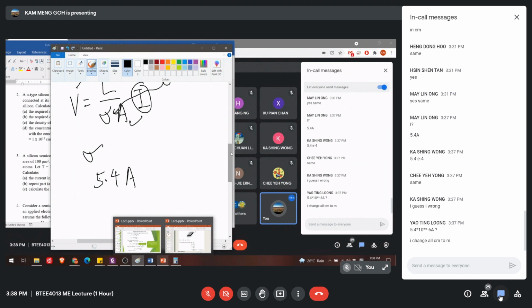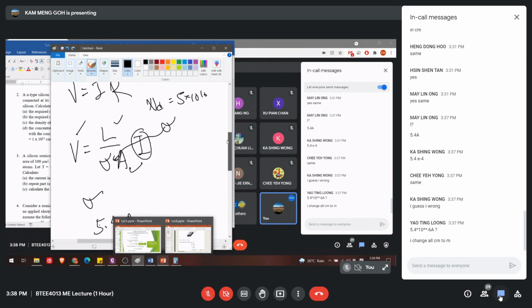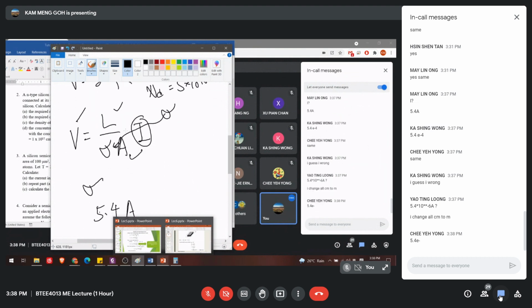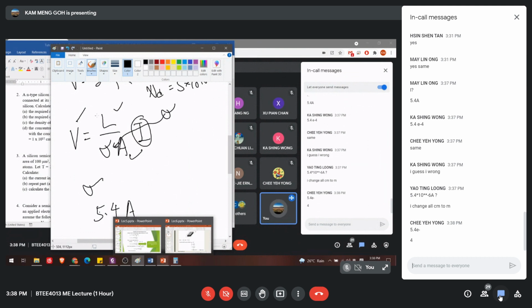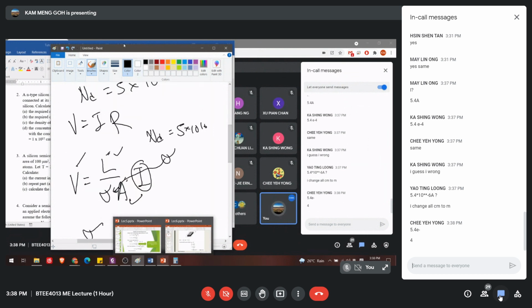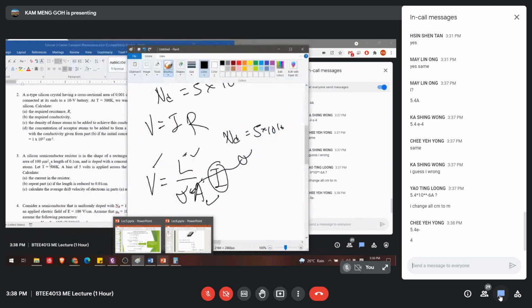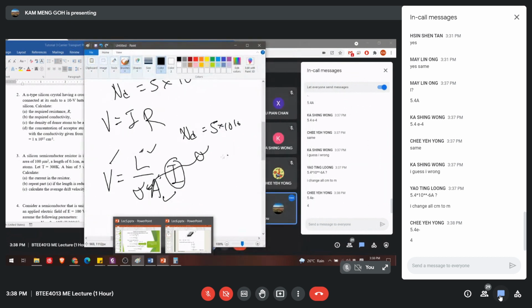Yong Qie, your answer is? Everything must be in cm. L in cm, A in cm. Okay? Since in the question it listed that A is in micrometres squared, you need to convert it back to cm squared also. Okay?